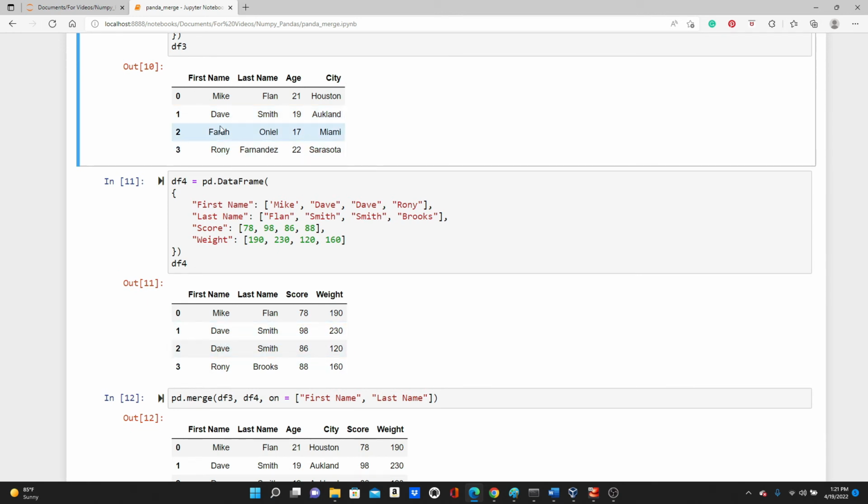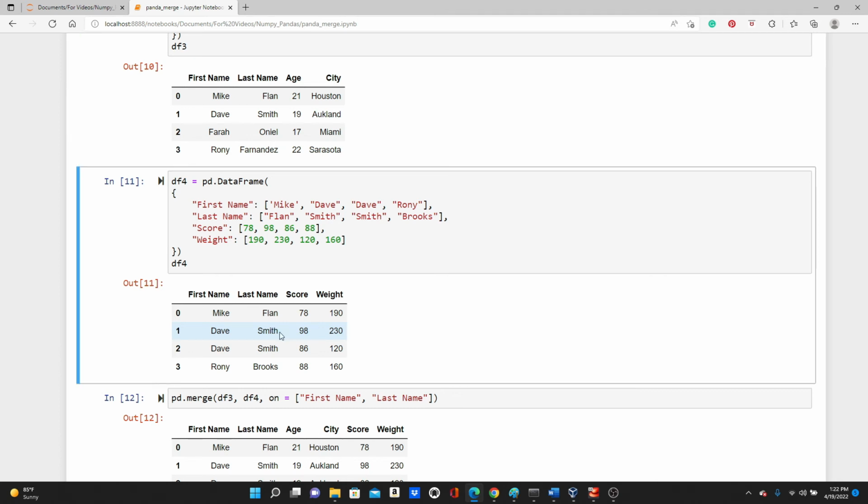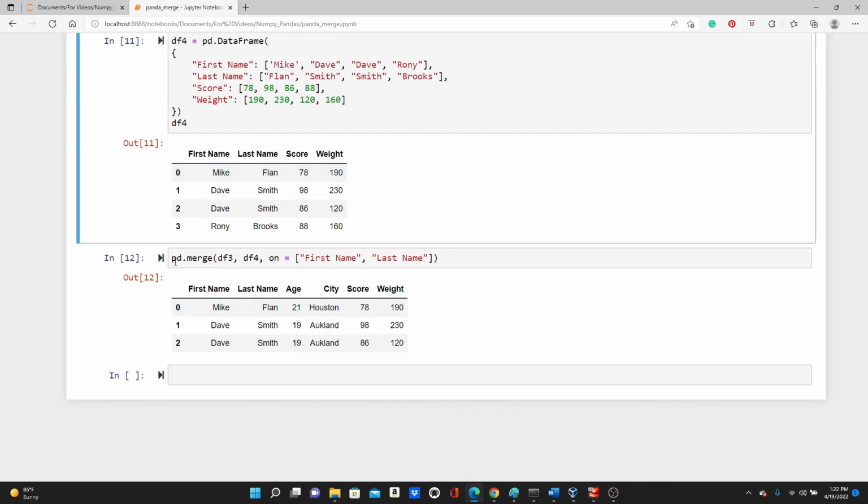One of them is actually this one probably. So when you have this kind of confusion, you have to really verify which Dave Smith is actually this one. After that, you have to make some difference. Maybe you have to put Dave Smith 1 to Dave Smith 1 so it doesn't merge.